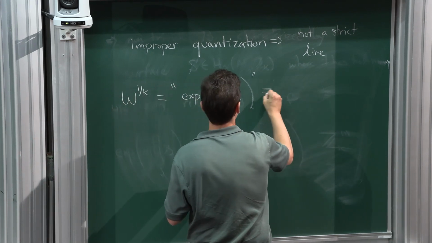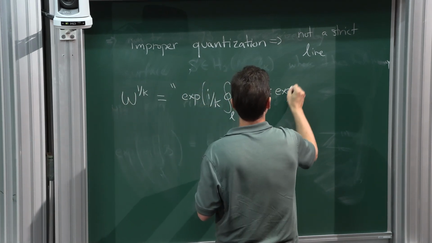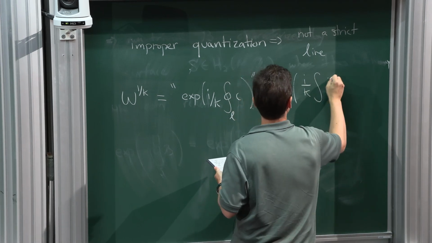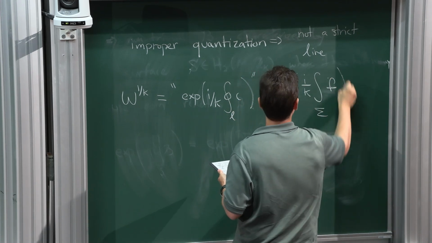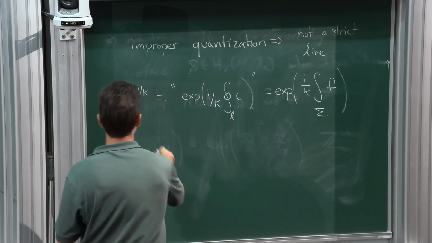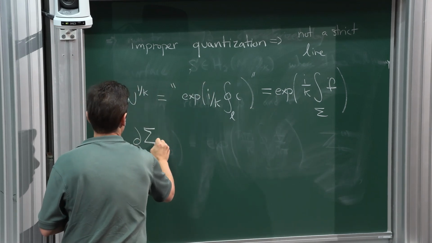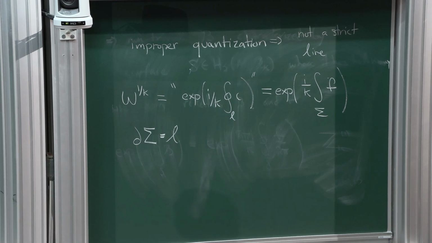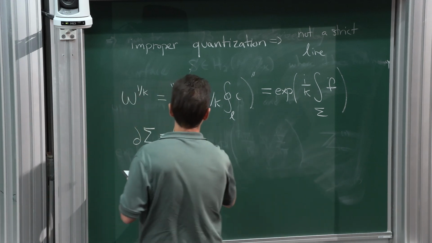But what you can write is the following, where sigma is a surface whose boundary is L. This is an open surface operator.